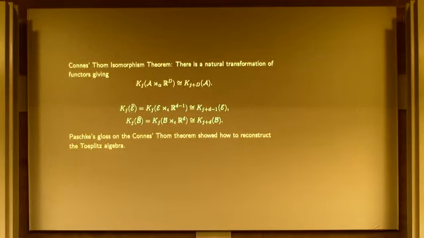Okay, then we finish things off by using Connes' Thom isomorphism theorem. That there's a natural transformation of functors which takes you from K_j of an algebra cross-producted with R^d to K_{j+d} of the algebra A. And it's one of these remarkable things, because if the cross-product action was essentially trivial, then the left-hand side of that top yellow identity would be the suspension in the case of d equals 1.